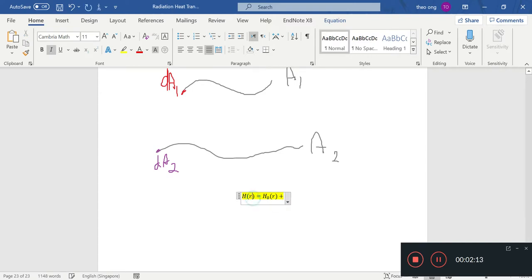Let's just put HR dA1, just to make it less confusing, so that you don't have to do mental division in your head to figure out whether this is per unit area or not. So I'm just going to put a no color highlight.